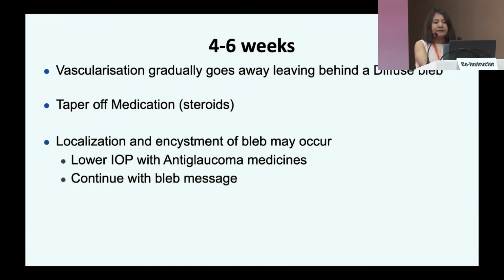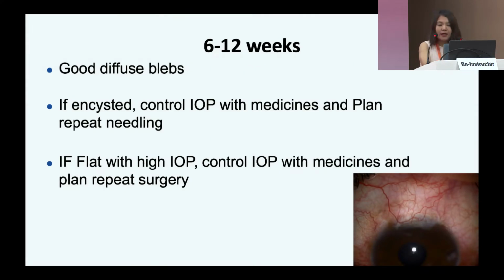But in some cases, the remodeling process is giving rise to encystment or localization. Then you should consider using an anti-glaucoma medication and continue with bleb massage. At around 12 weeks, if the bleb is encysted, you may plan another needling procedure or revision.